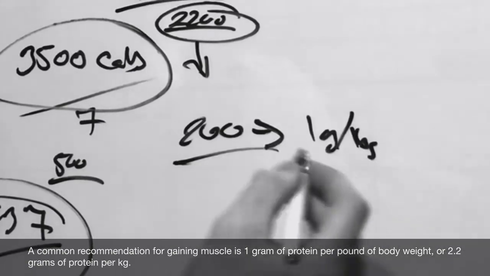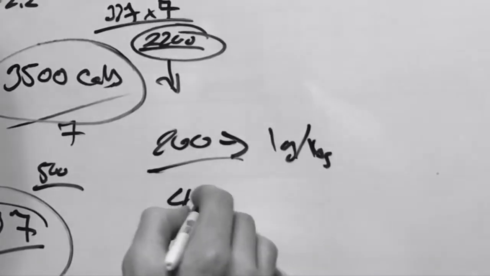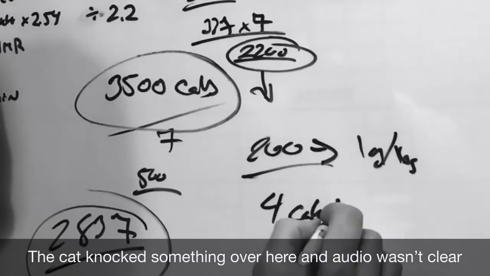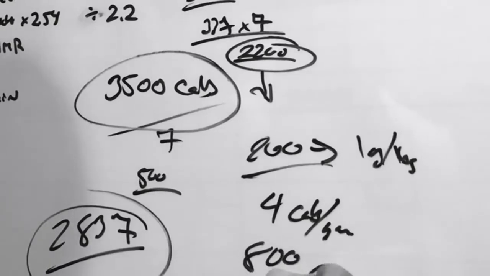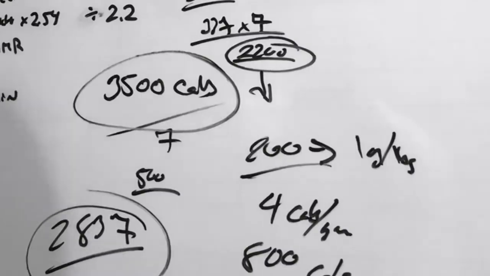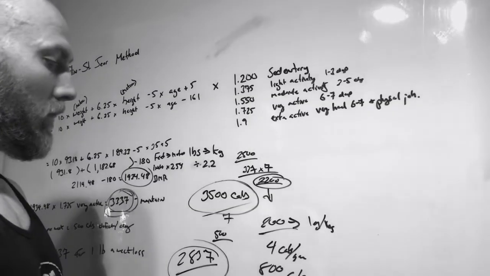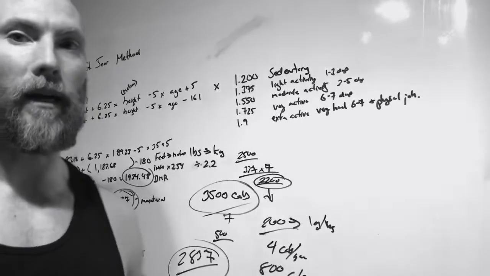That's going to give me 200 grams of protein. And we know that there's 4 calories per gram of protein. So 2 times 4, we're looking for 800 calories out of my 2,500 is from protein, right? So that still gives me 1,700 for carbs and fat.